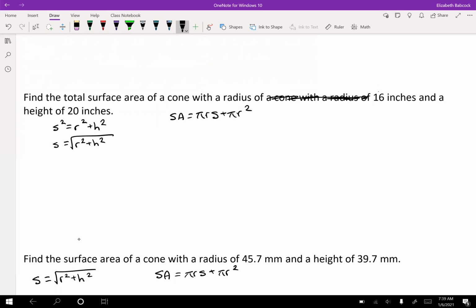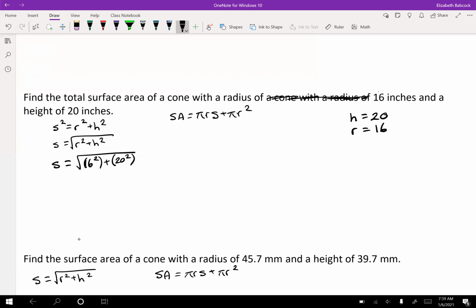Okay. And a height of 20. So notice it is height of 20 and radius of 16. So we need to solve for our slant height. What I have done is I have rearranged the equation already so that we have our slant height all by itself. So we need the square root of 16 squared and 20 squared.